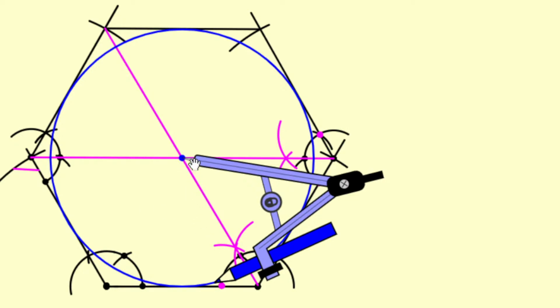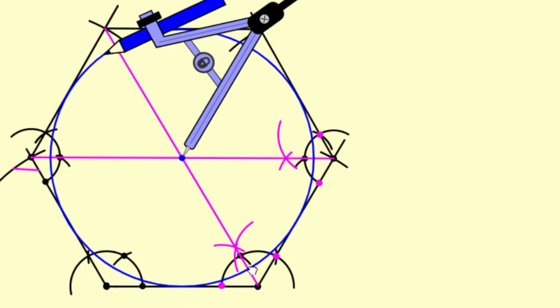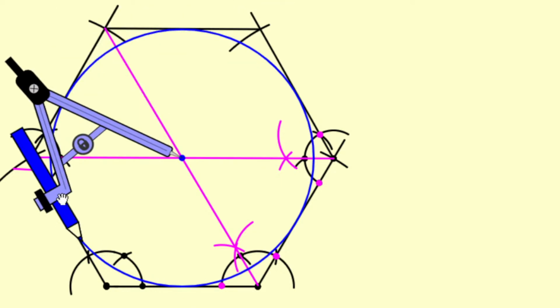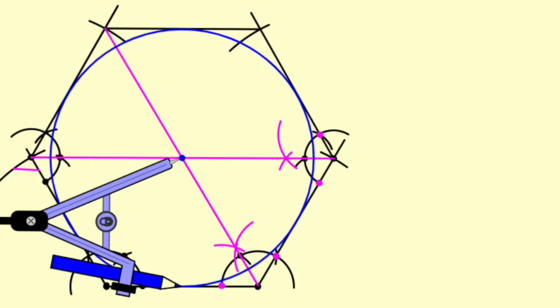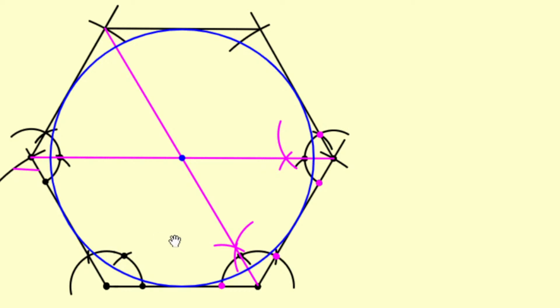From the point of intersection of the two angle bisectors, you have to start, and at any point on a side, the radius is 4 centimeter. So perfectly it should come.